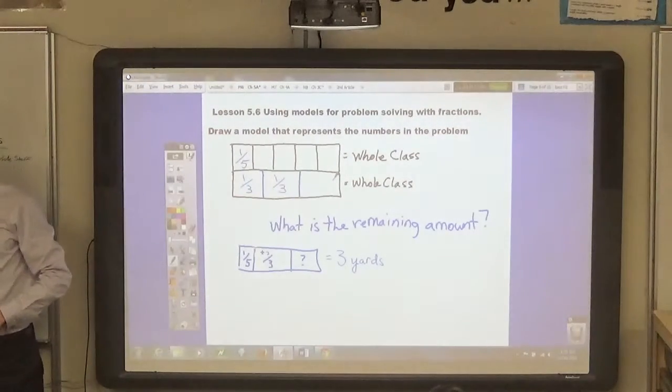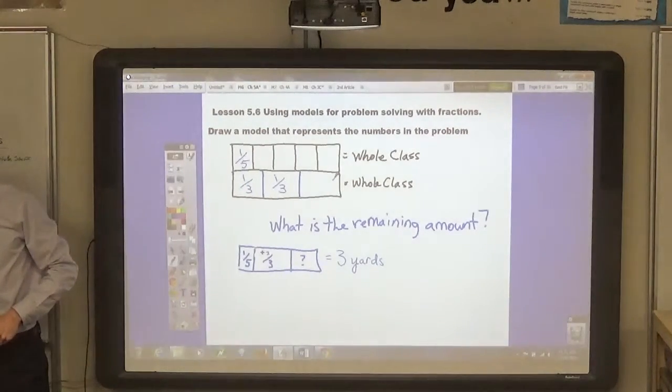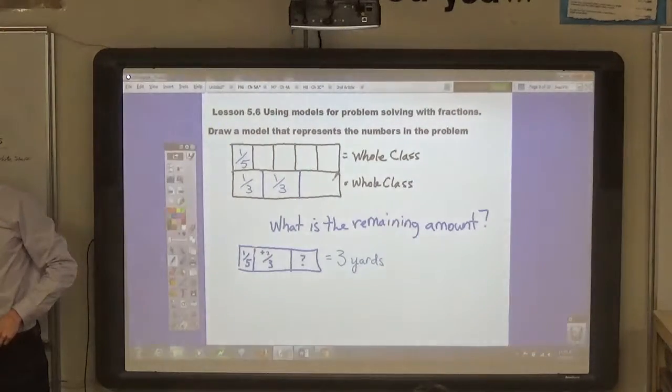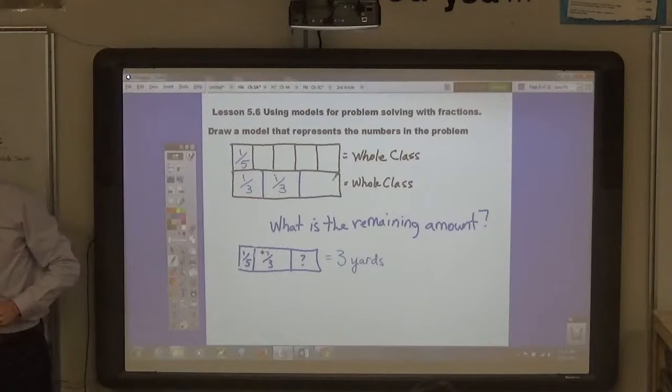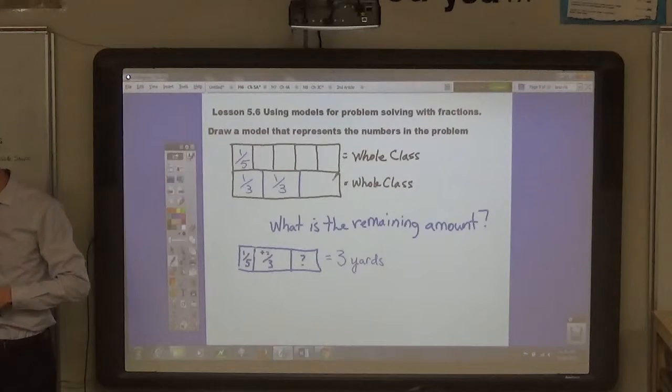Let's look at another type of question. Let's say that you are working on a project that needs 3 strips of fabric.